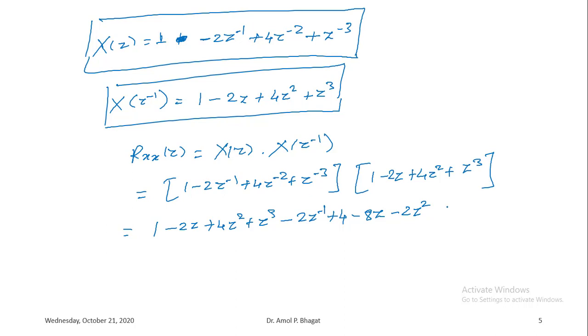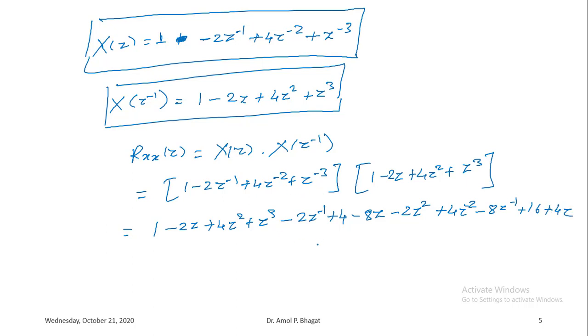Similarly, you can multiply it with 4z to the power minus 2. It will be 4z to the power minus 2 minus 8 z inverse, then plus 16, then plus 4z.